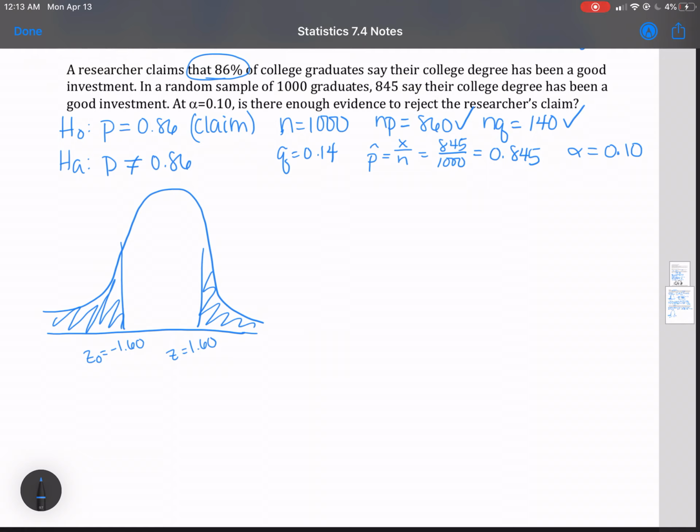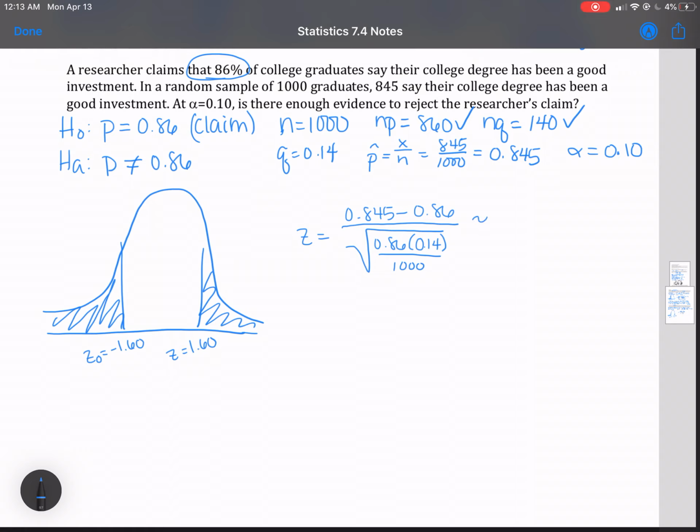And then we can find our standardized test statistic, z equals, so plugging into our formula, we have 0.845 minus 0.86 divided by the square root of 0.86 times 0.14 divided by 1,000.